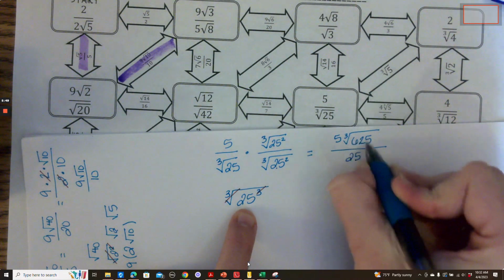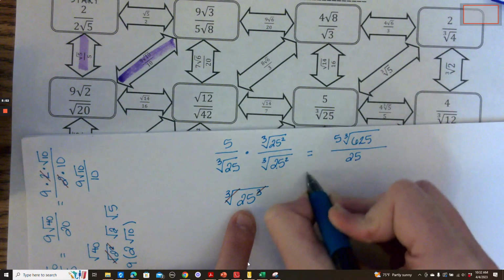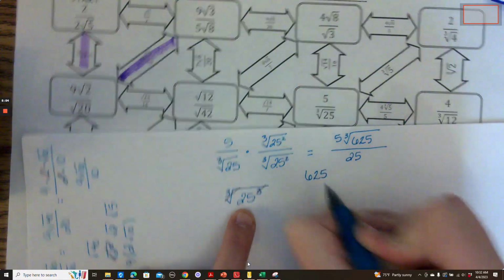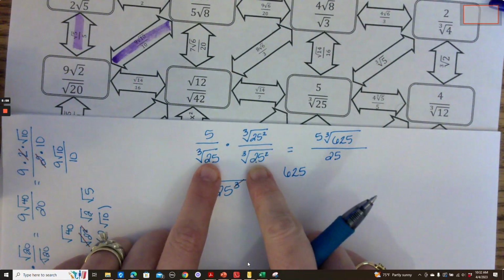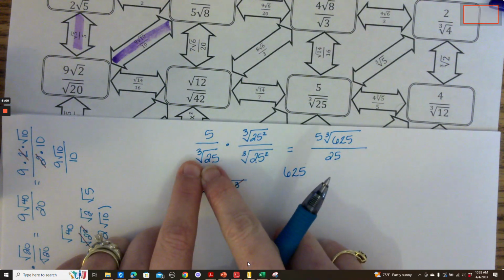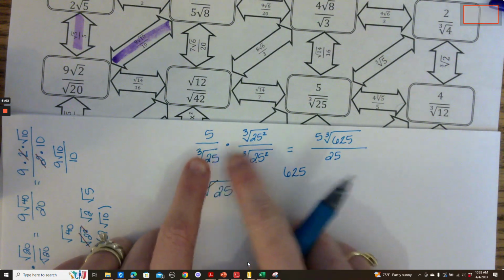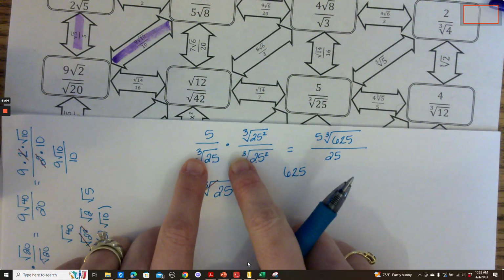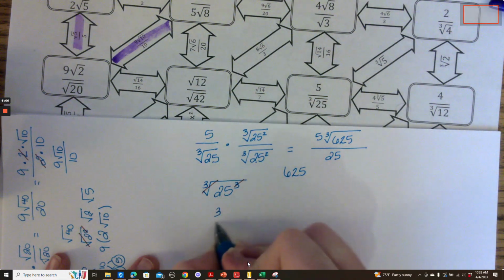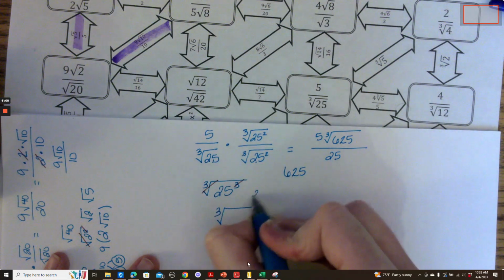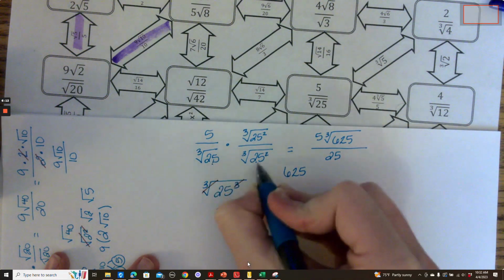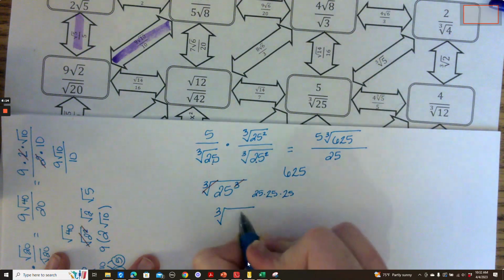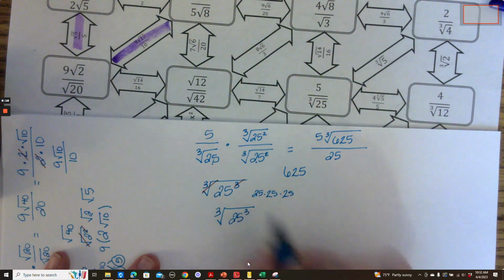So now I've got to break 625 down. Wait, why do we square the 25? I'm confused again. Because you need 3 of them to cancel that cube root out. When you're multiplying cube roots, keep the cube root. 25 times 25 times 25, that's what I have there, is 25 cubed.